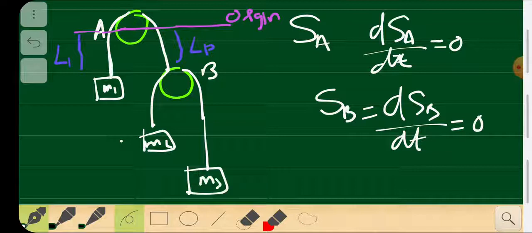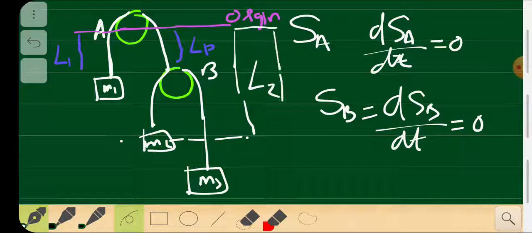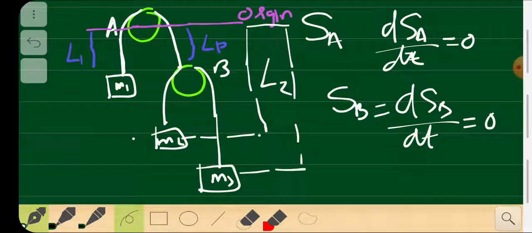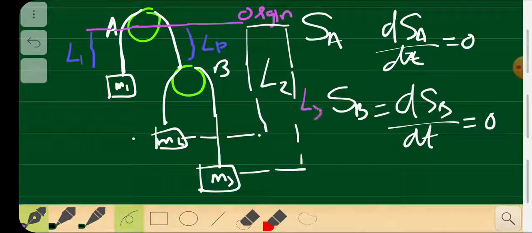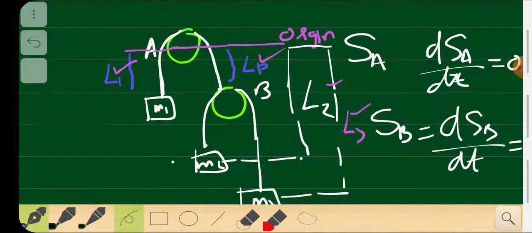Now m2 will be this distance, which I'm going to call L2, and m3 will be this distance, which I'm going to call L3. These are the distances here. Now I have L1, L of the pulley, L2 and L3. These are the distances. Now I have to write down what the S is.